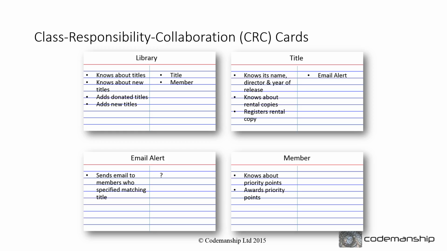So our design is expressed using a very simple modeling tool called Class Responsibility Collaboration Cards, or CRC cards. Very, very straightforward. You take an index card or a post-it note, you write the name of the class at the top of the card. Down the left-hand side, you list its responsibilities. What does it know and what work does it do? And then down on the right-hand side, you list any classes that it collaborates with.